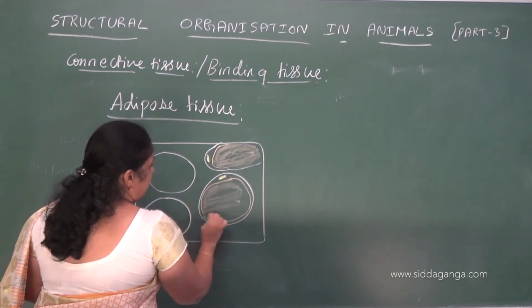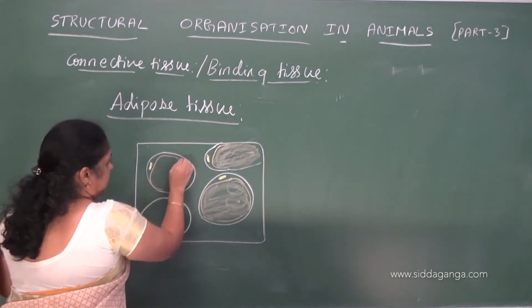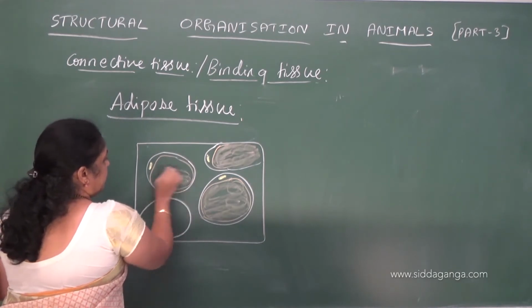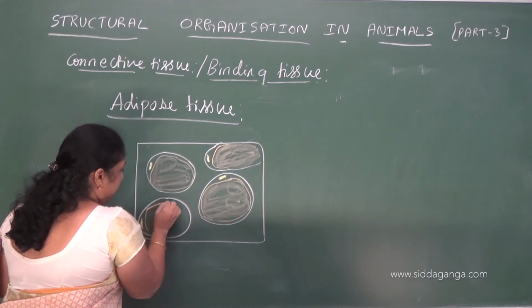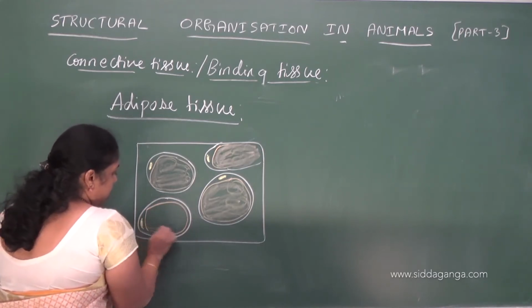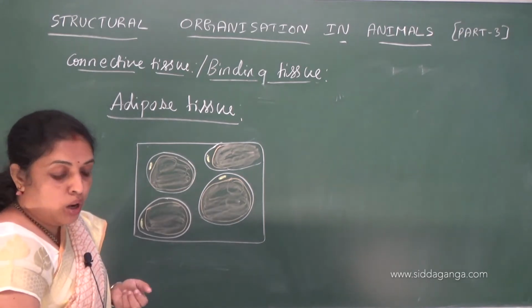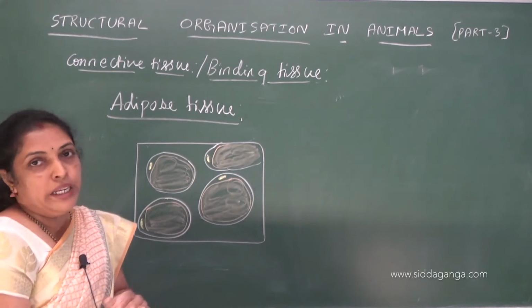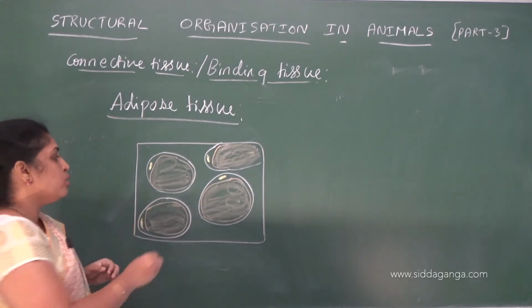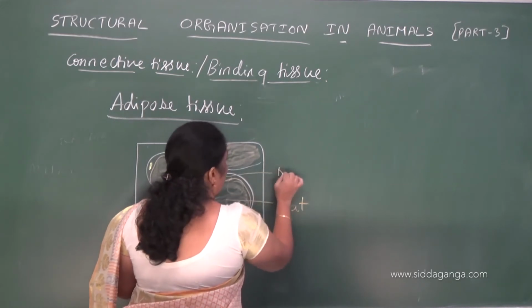So this is all fat. It is a type of modified loose areolar tissue. Adipose tissue is a modified loose areolar tissue specialized to store fat. This is a fat nucleus.